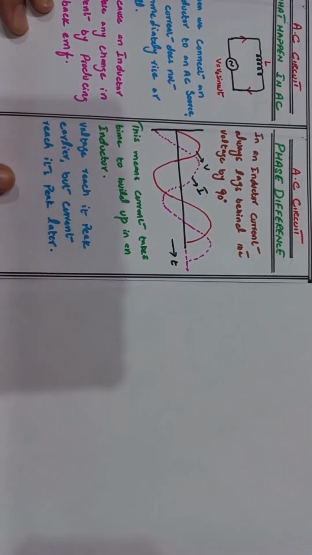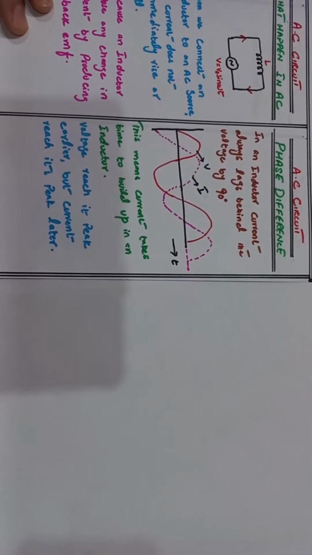This is the property of the inductor, that it always opposes the change in current. When we apply the voltage across an inductor, the inductor does not want to increase the current suddenly, so current reaches its peak later and voltage reaches its peak earlier.